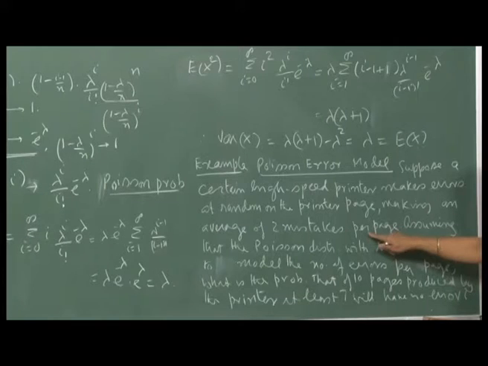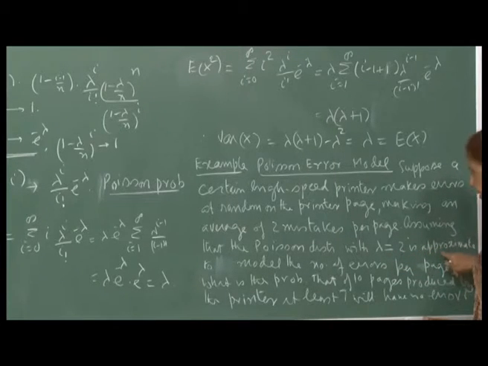Assume that the Poisson distribution with lambda equal to 2 is appropriate to model the number of errors per page. What is the probability that of 10 pages produced by the printer, at least 7 will have no error?